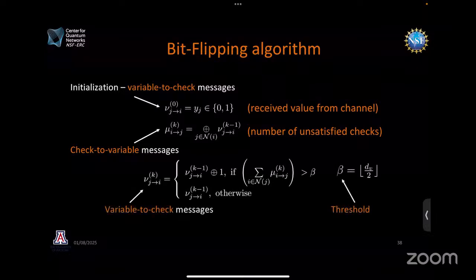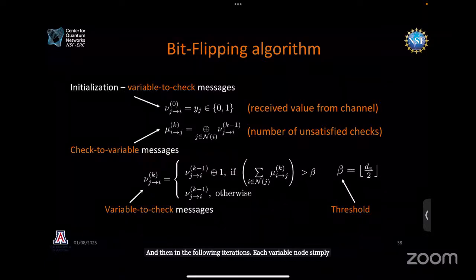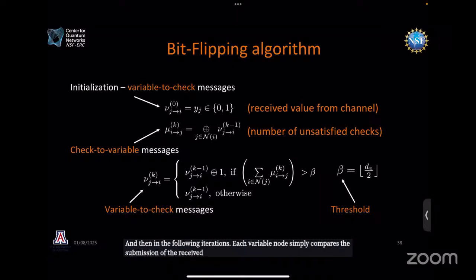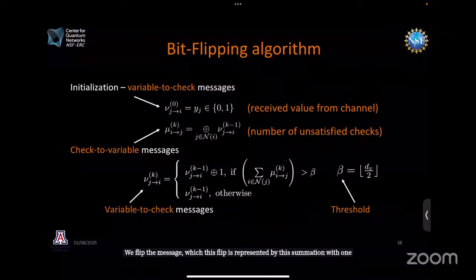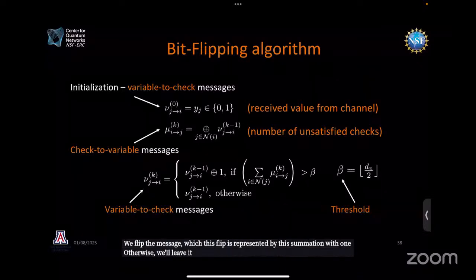Then in the following iterations, each variable node simply compares the summation of the received messages from the check nodes with some threshold beta. If the summation of the messages is bigger than beta, we flip the message, and this flip is represented by summing it with 1. Otherwise, we leave it as it is.